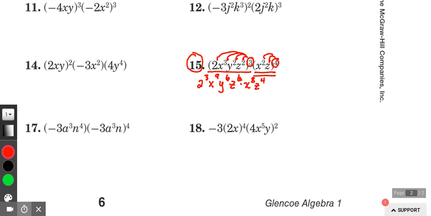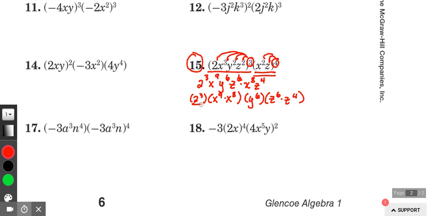So let's organize like we've been doing. So my only base that is a number is this 2 to the third. So I have my 2 to the third. My x's, I have x to the 9th and x to the 8th that are going to be multiplied together. I only have the 1y, the y to the 6, and then my z's, I have z to the 6th and z to the 4th.